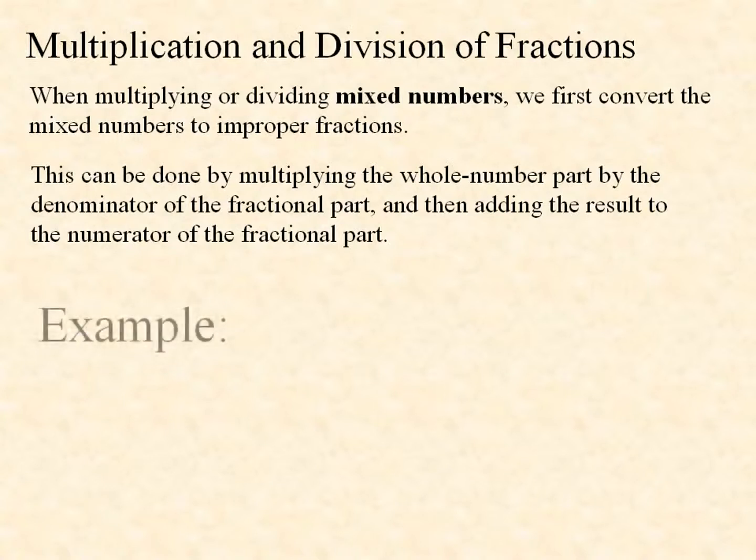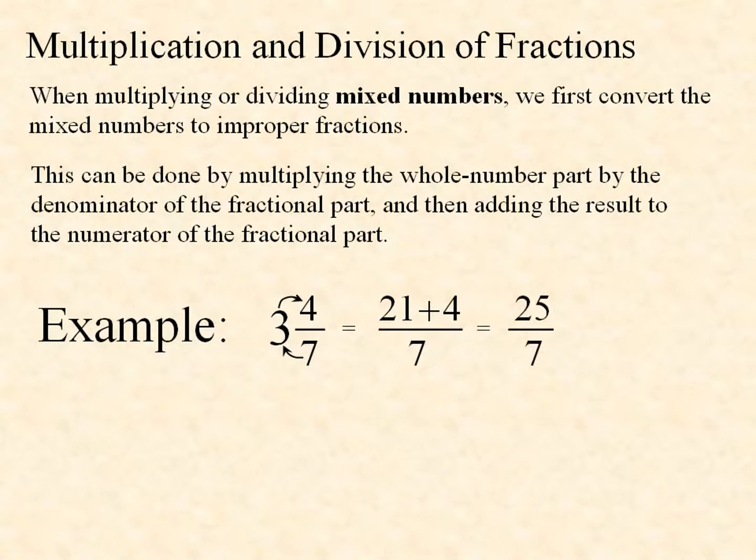For example, to convert 3 4/7 to an improper fraction, we multiply 7 by 3 and then we add 4. So we have 21 plus 4 over 7. This gives us 25/7.